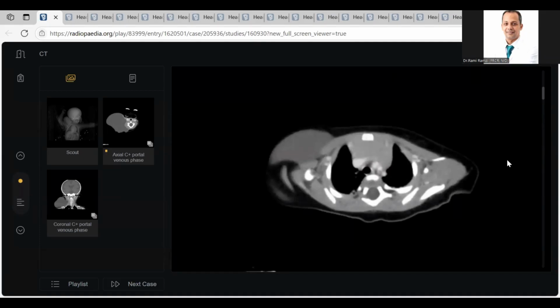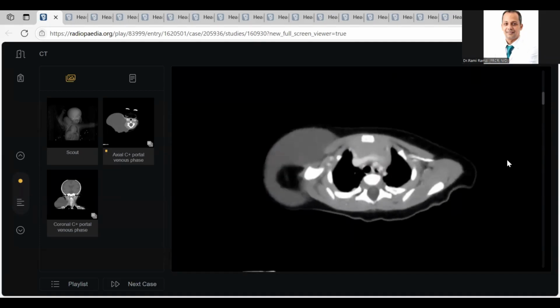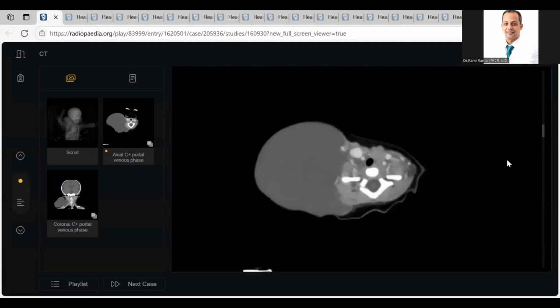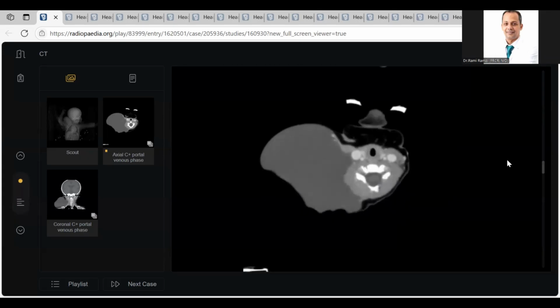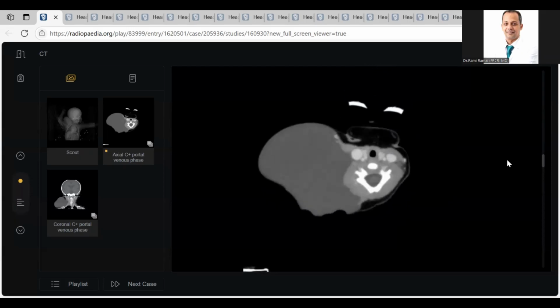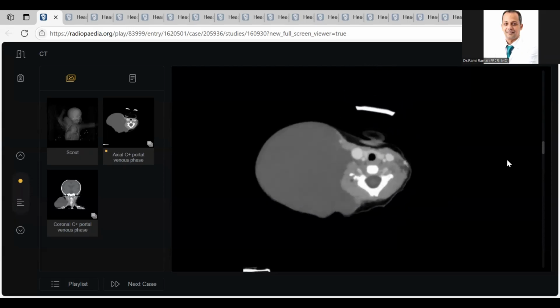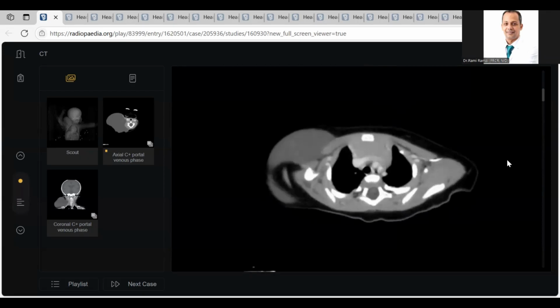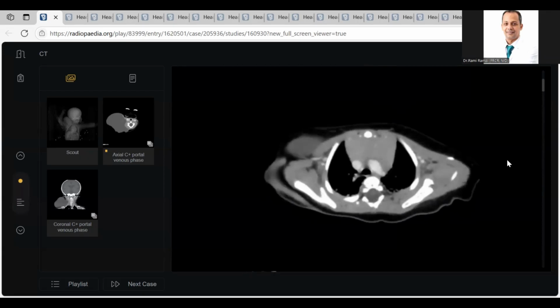It is extending along the right lateral chest wall, insinuating into the fat planes and encroaching up to the carotid vessels anteriorly, posteriorly about the muscles of the back, and no septations, no enhancing soft tissue mass is seen.